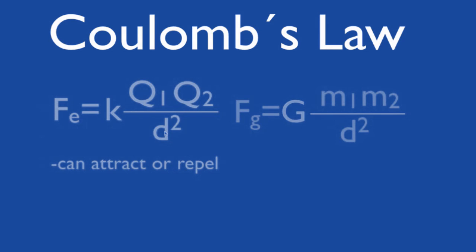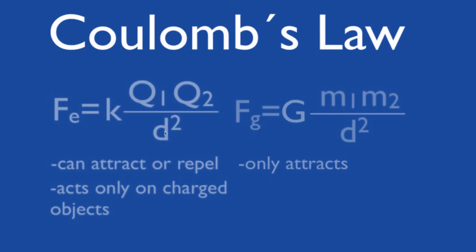Okay, all right. Now the electric force can attract or repel, which is different from the gravitational force. The gravitational force only attracts. The electric force acts only on charged objects.